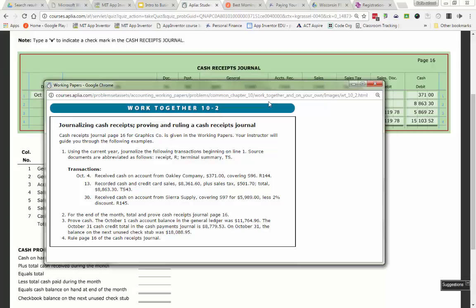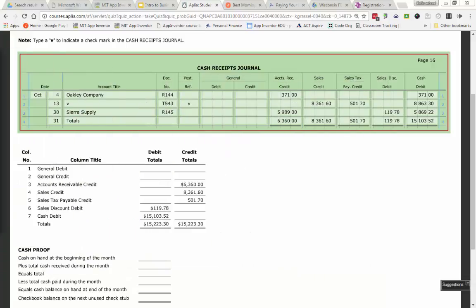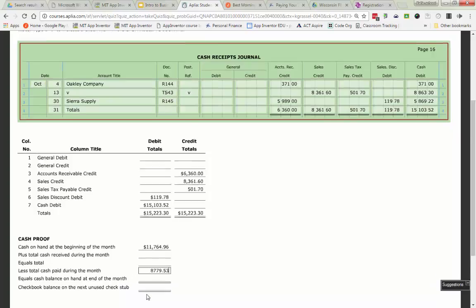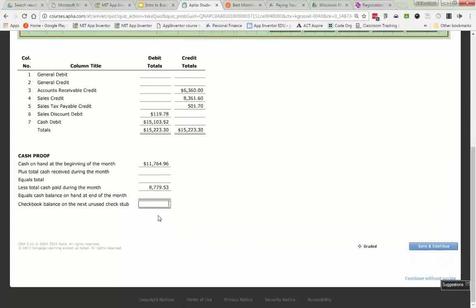So I'm going to plug in $11,764.96. Cash paid during the month was $8,779.53. My checkbook balance was also given to me, so that was data just given in the directions that I'm going to put in there.